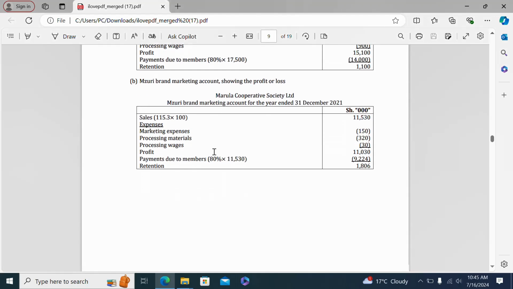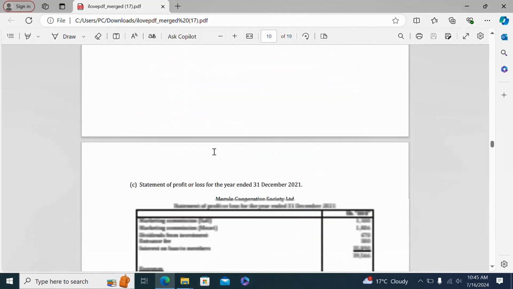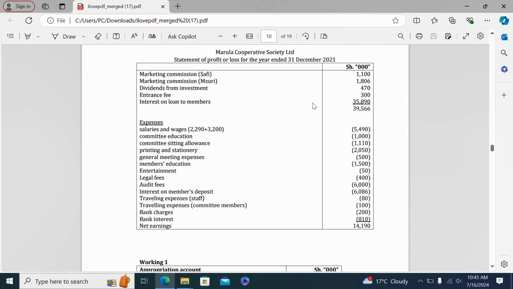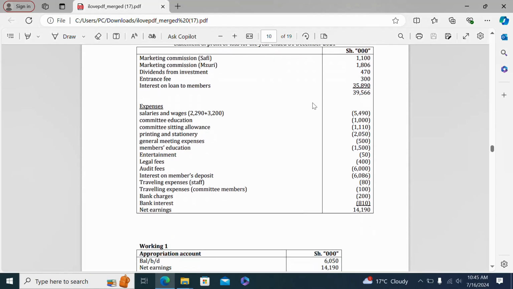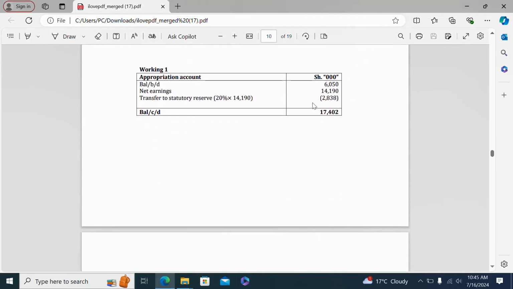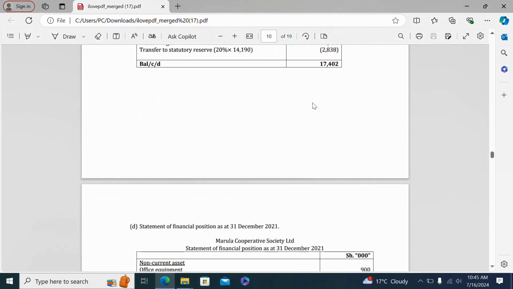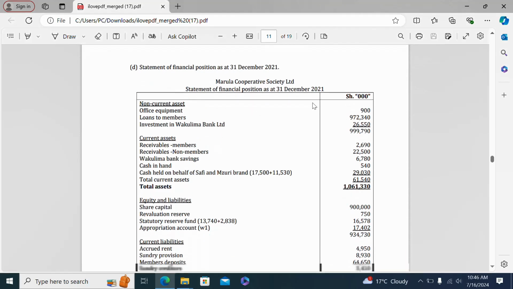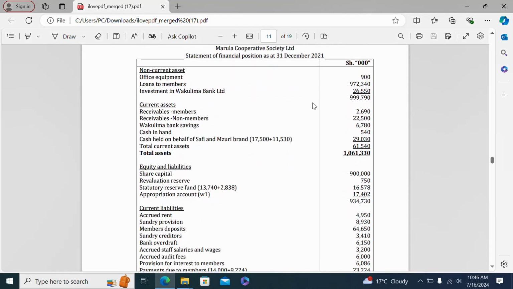From there we have the statement of profit or loss for the year ended 31st December 2021 of Malula Cooperative Society, and we have working one of the appropriation account, and then D, the statement of financial position of Malula Cooperative Society.